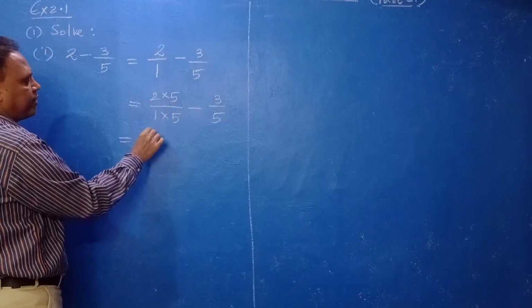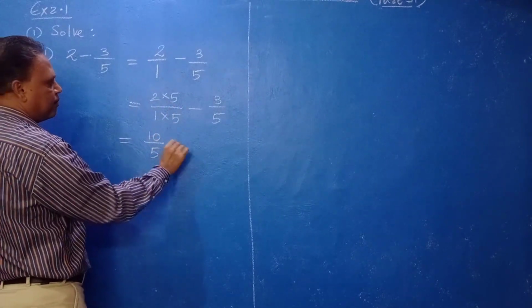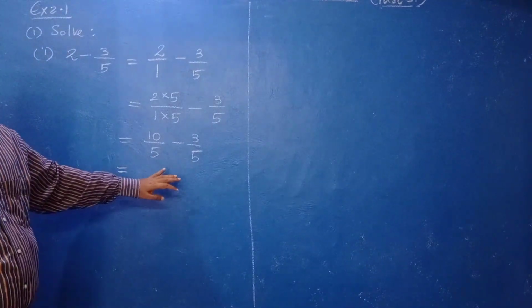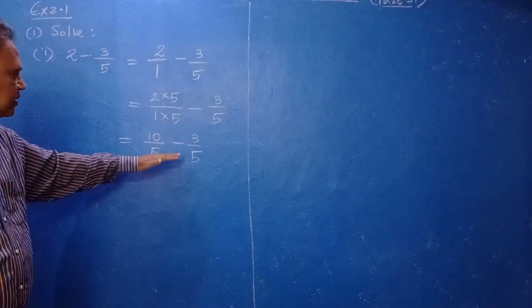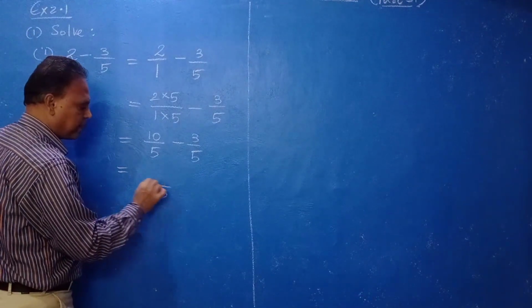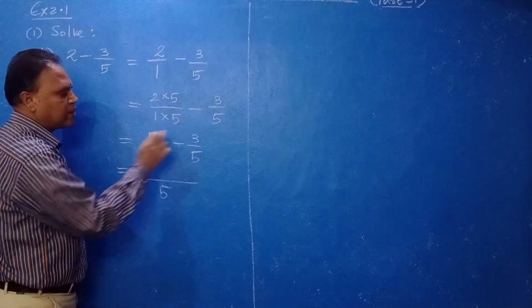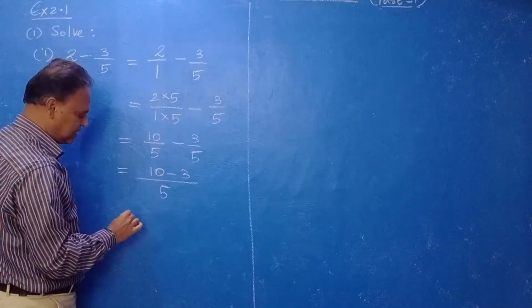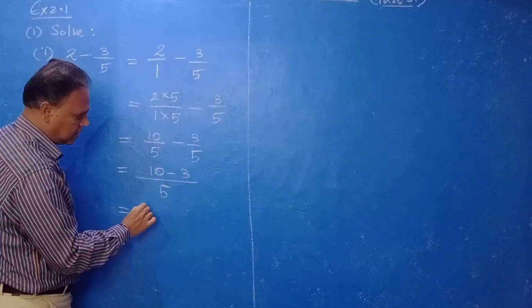That means 2 into 5, 10, so 10 by 5 minus 3 by 5. Now you see the denominators are both the same, so take this denominator as the LCM. Now easily you can subtract the numerators, that is 10 minus 3. How much? 10 minus 3 is 7.